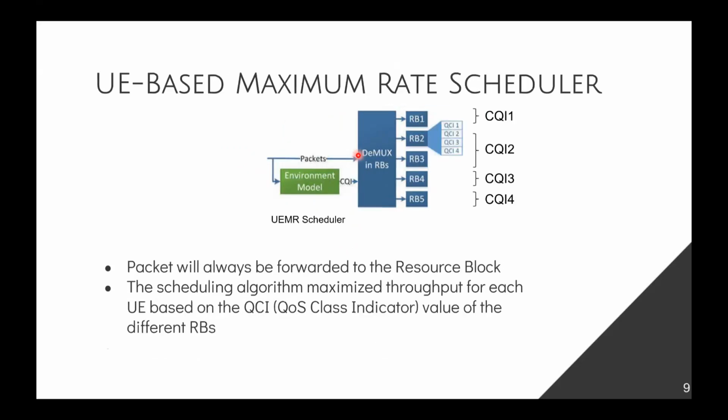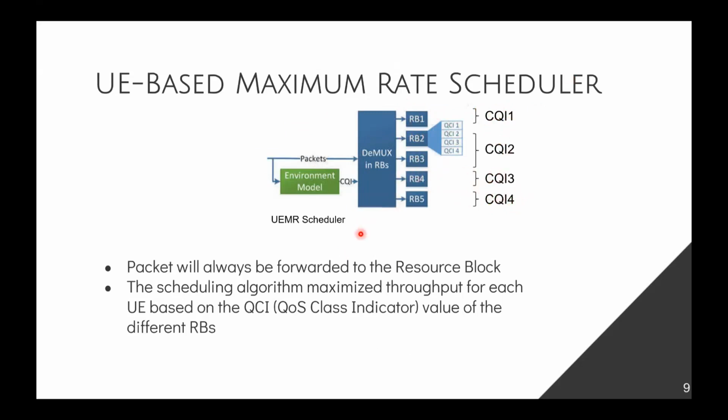And then the last one is the one proposed by the paper. It is a UE-based maximum rate scheduler. Basically, each resource block is divided for 4 channel quality indicators. CQI1 will use resource block 1, CQI2 will use resource blocks 2 and 3, and the following is the same.